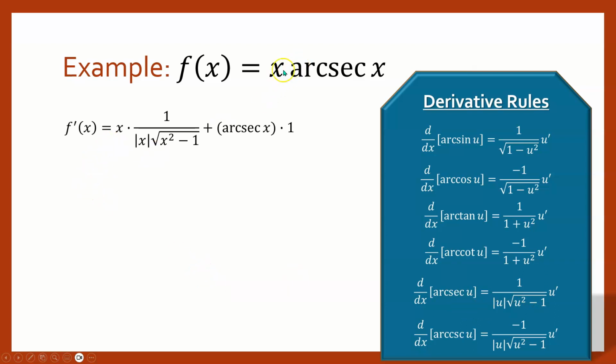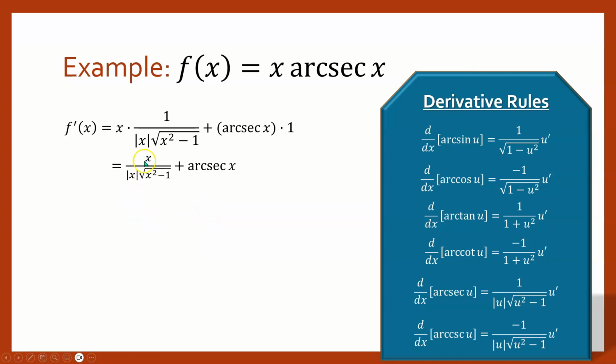So we get the first thing, x, times the derivative of arcsecant of x, which is 1 over the absolute value of x times the square root of x squared minus 1, plus the second thing, arcsecant of x, times the derivative of the first thing, the derivative of x being 1. And we can clean that up just a little and write it as x over the absolute value of x times the square root of x squared minus 1 plus the arcsecant of x.